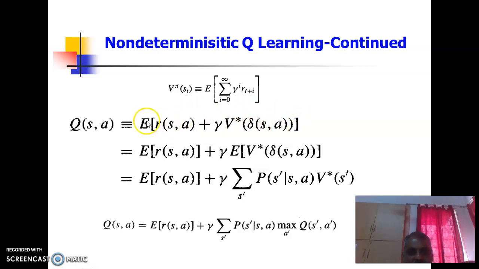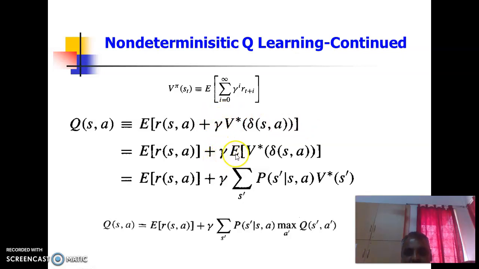And you know, this E can be split up. Basically, E stands for integration. So we can separately apply this E to both of these factors. So we can write E of r of s comma a plus E of this factor, and gamma is a constant, it will come out, it's not coming under the probability.